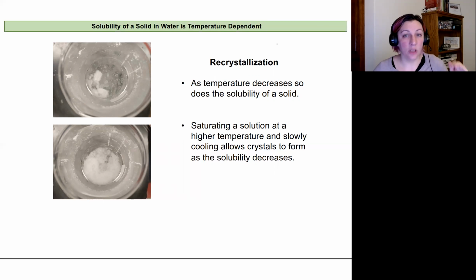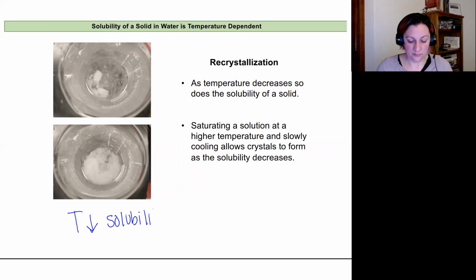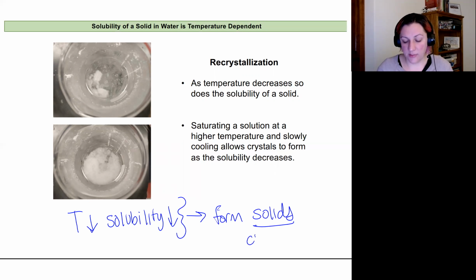Then we can slowly lower the temperature. And as temperature decreases, solubility decreases with it. And that means as that solubility decreases, we're going to form solids. And if this happens slowly, these are going to be crystals.